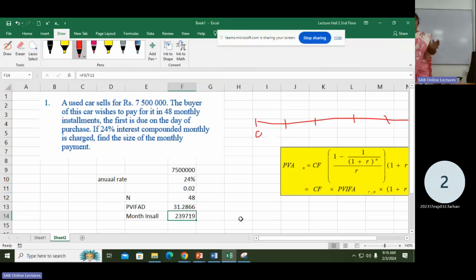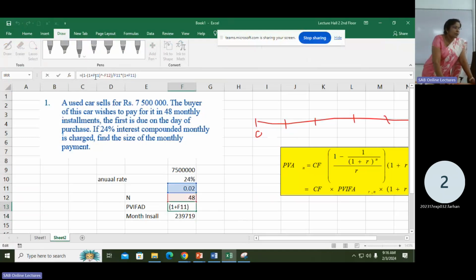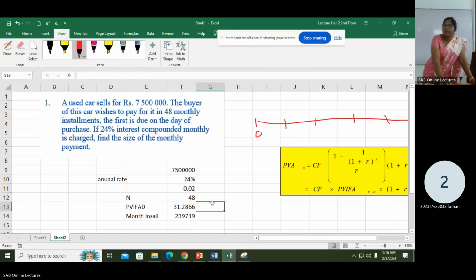This is due. The normal ordinary annuity factor you have to multiply by 1 plus r: 1 minus (1 plus r) to the power minus 48, divided by r, multiplied by 1 plus r. The formula is right. Is there any mistake?